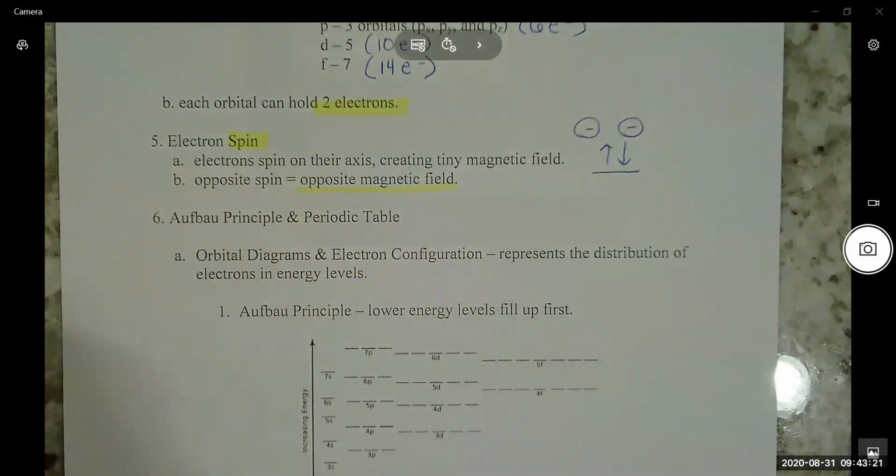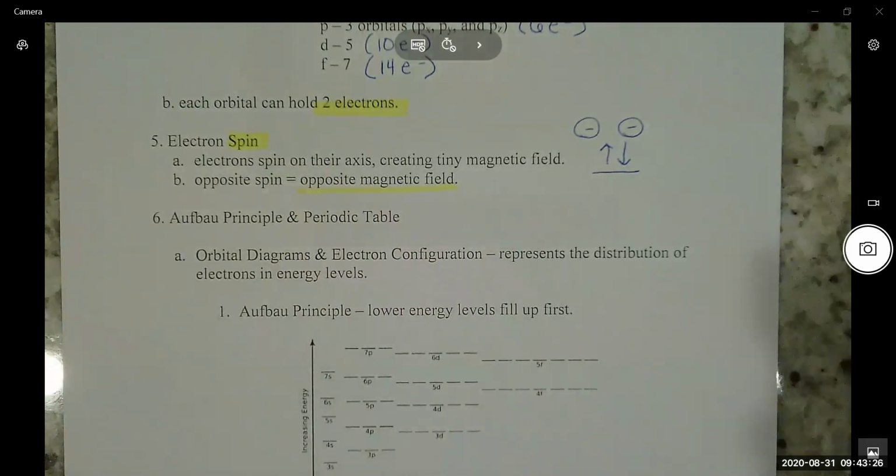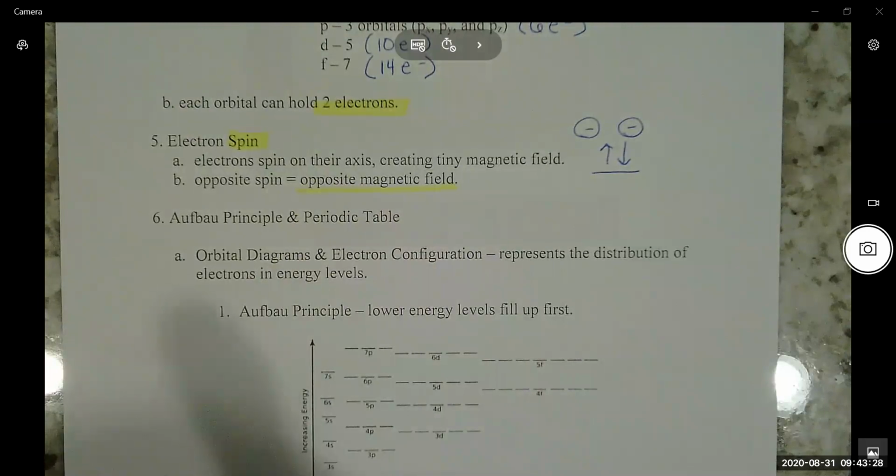Those 2 things are related. You will talk a lot about that in physics. It's kind of complicated, but all you need to know at this point is that those 2 things are related to each other. And since they're spinning in opposite directions, their magnetic fields are opposite. So that allows them to actually hang out in the same orbital without repelling each other too strongly.